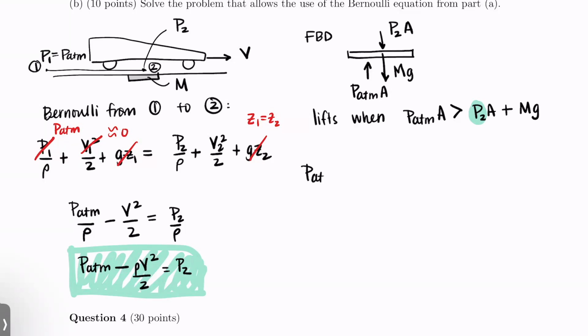So I have my atmospheric pressure times A has to be greater than P2, which is P atmosphere minus rho V squared over 2, that quantity times A, plus mg.